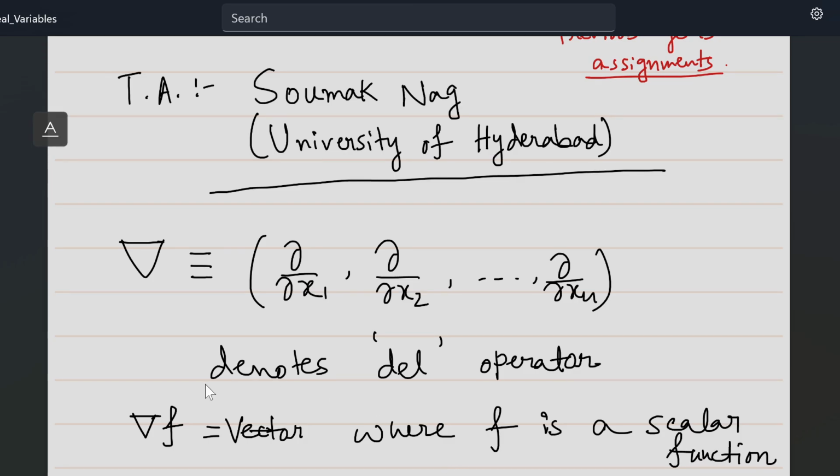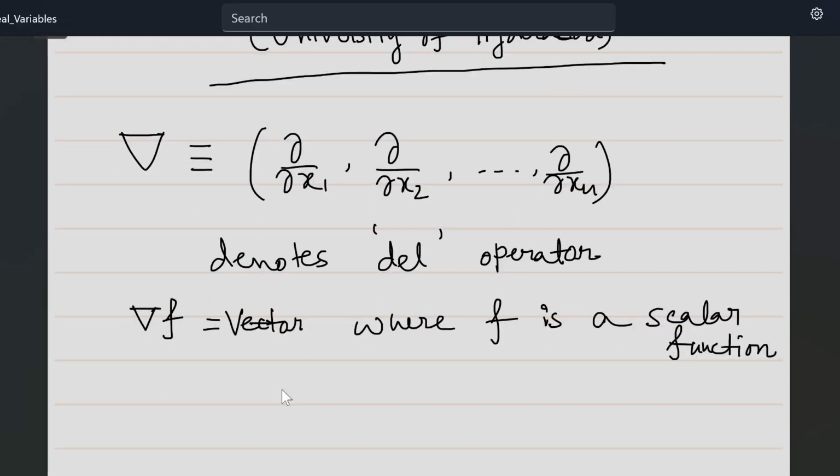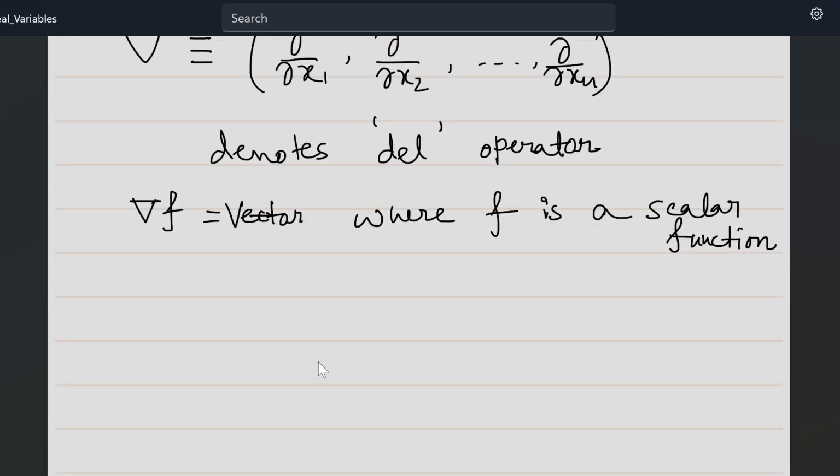Divergence will come if I take capital F as a vector field where it is C1. That means this is gradient, this is different.